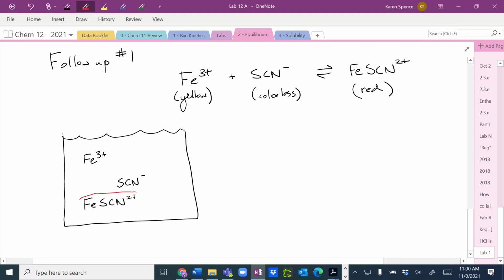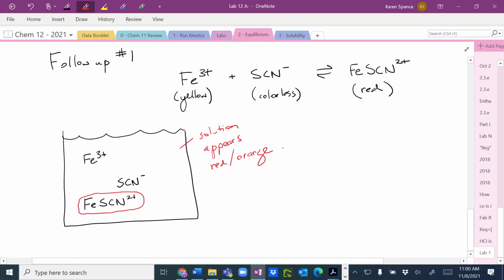Okay, and this one is red, so the solution appears what color? Well, orange or red, red/orange, okay? So we got that.